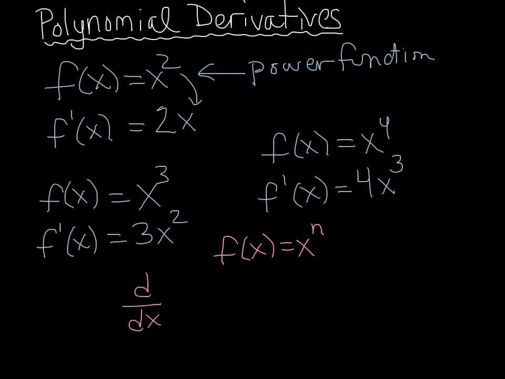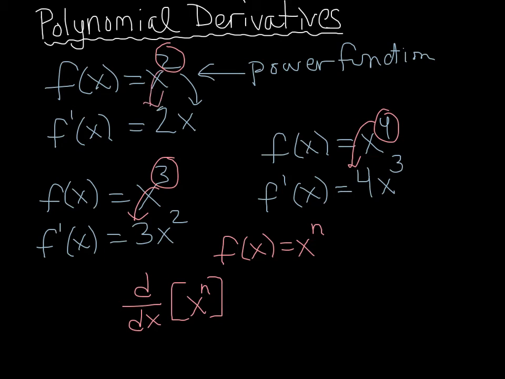So the derivative of anything of the form x to the n, if you notice in each case up here, the 2, the 3, and the 4 all became the coefficient of the term in the derivative. So we say that the derivative of x to the n is n, and we're still in terms of x, so we're going to have an x.